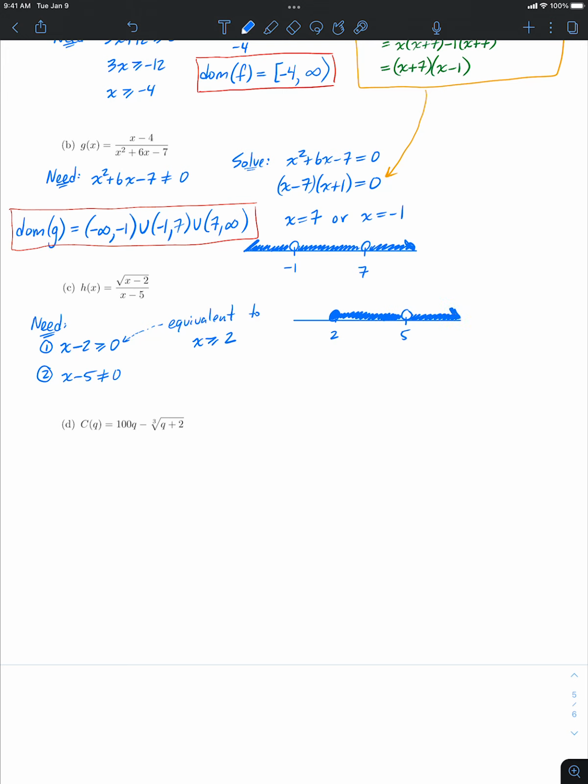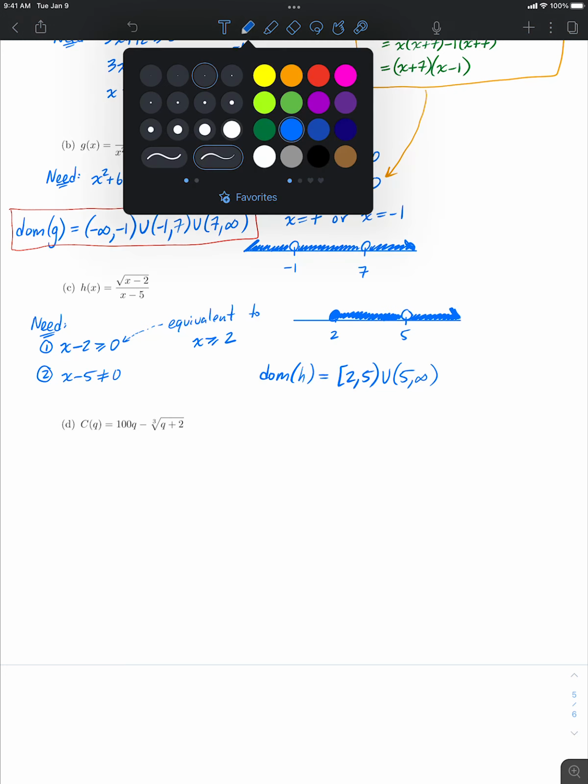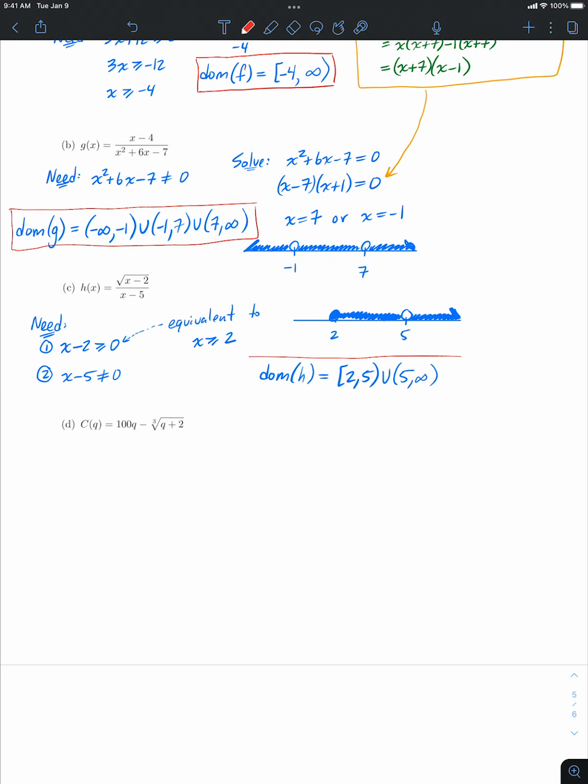And that is going to be our domain for this function. Okay, so in interval notation, what's it going to be? The domain of h is the union of the numbers between 2 and 5, inclusive of 2 but not of 5, union with the numbers that are greater than 5. Okay, so that is our domain.